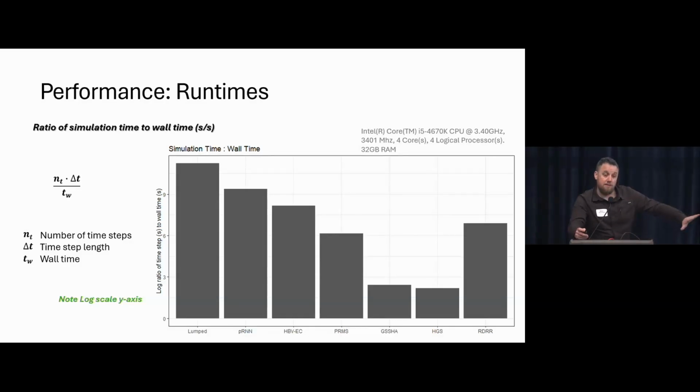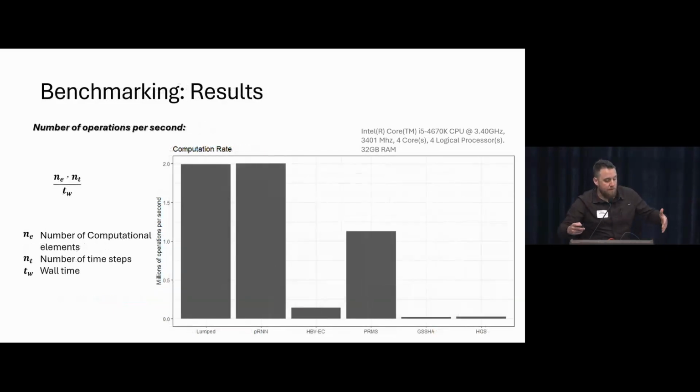But it's not really fair, because the lumped model is just one watershed, while PRMS, GSFLOW and HydroGeoSphere are distributed models, and mine is a distributed model. So it's worth comparing how many time steps per computational element, whether that's an HRU, a model cell, or a finite element, and dividing it that way, looking at how many things can be computed per second.